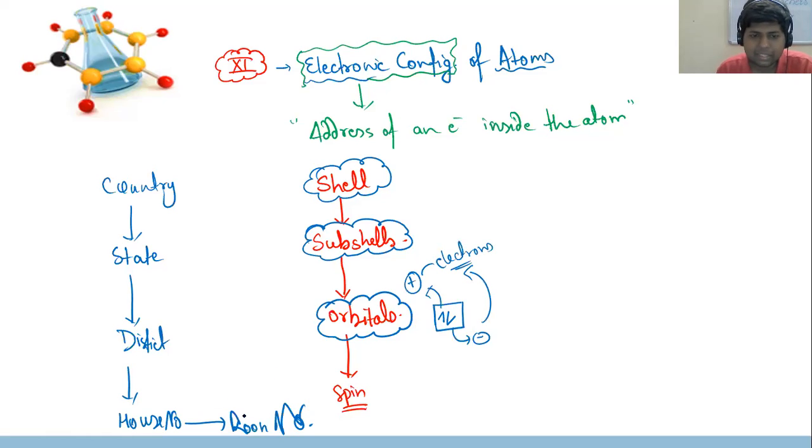Just like in Adrita's room, let us say 2 people are there, one wearing a positive t-shirt and one wearing a negative t-shirt. So the 2 electrons in the orbital are demarcated like this, positive and negative. Is it clear?